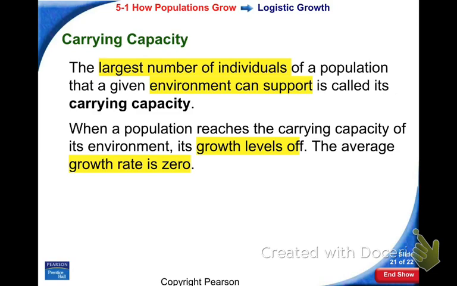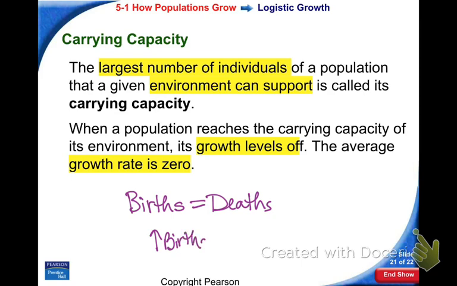What would make the growth rate 0? Well, births are equal to deaths. Okay, if births are greater than deaths, then your population is going to grow.